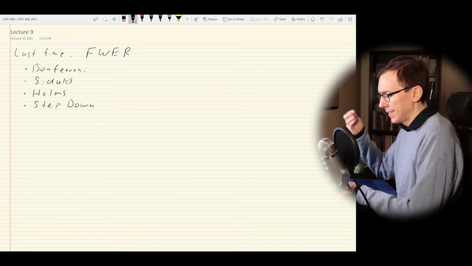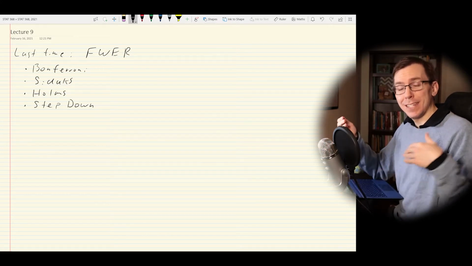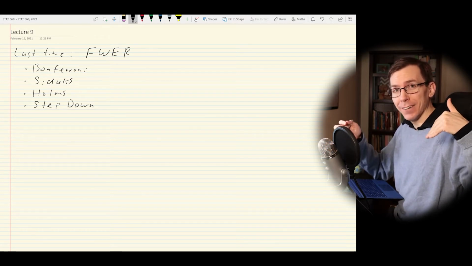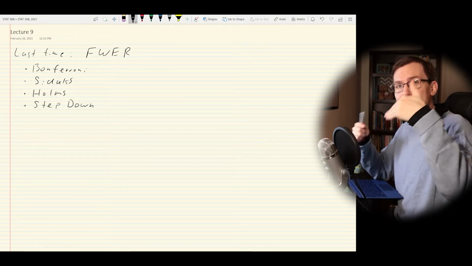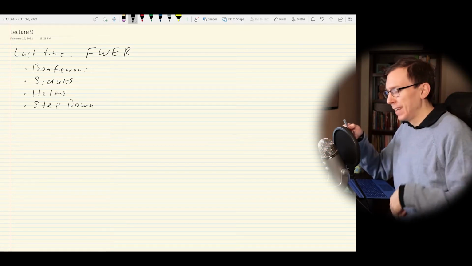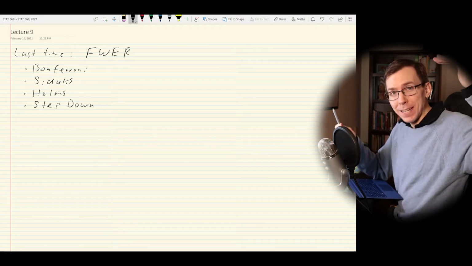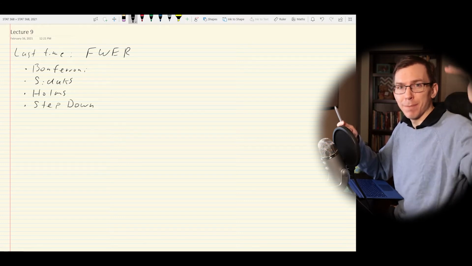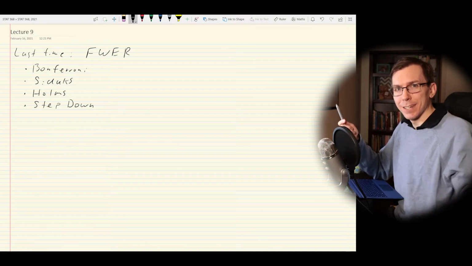I didn't mention it because there wasn't much to mention, but there is also a step-up method. Remember, step-down starts with the most significant, that is the smallest p-value, decides whether or not to reject it, and then goes to the next smallest, and the next smallest, working its way up. The step-up method, again, terrible terminology, starts with the largest p-value, and then starts to work its way down the list from the least significant to the most significant, from the biggest p-value to the smallest p-value.